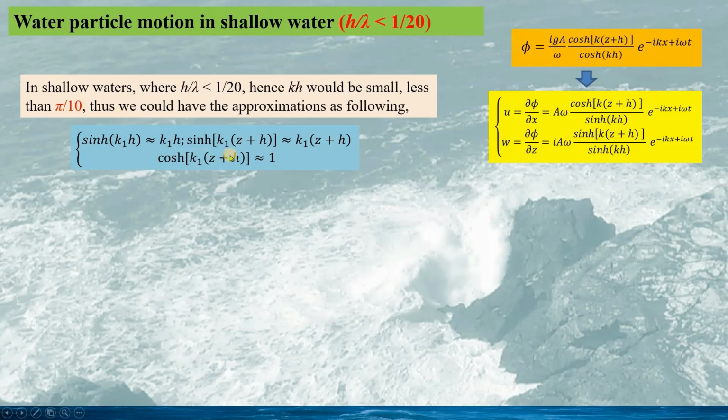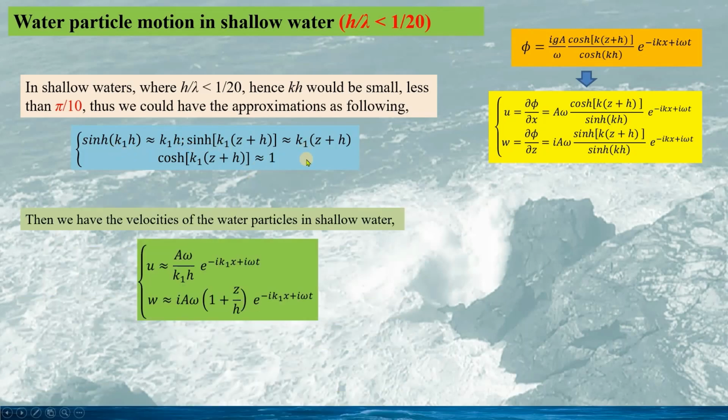Hence, we can have the approximations given here. If we substitute these approximations into the wave water particle velocity u and w, we can obtain the velocities of the water particles in shallow water given in this form, u and w here.